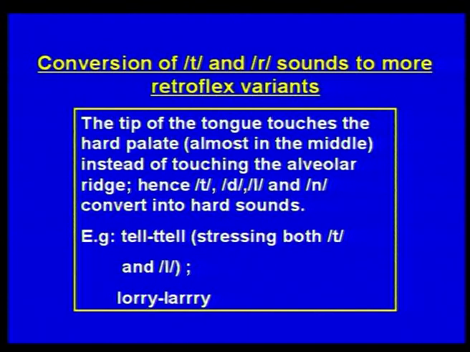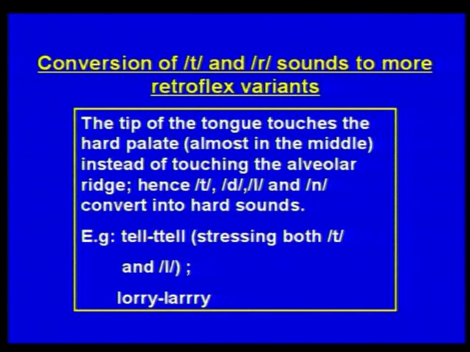What happens here is the tip of the tongue touches the hard palate, almost in the middle, instead of touching the teeth ridge. That is, the tip of the tongue made a longer journey, covered a longer distance, and went behind the alveolar ridge, whereas it should actually stay with the teeth ridge, just behind your upper front teeth.